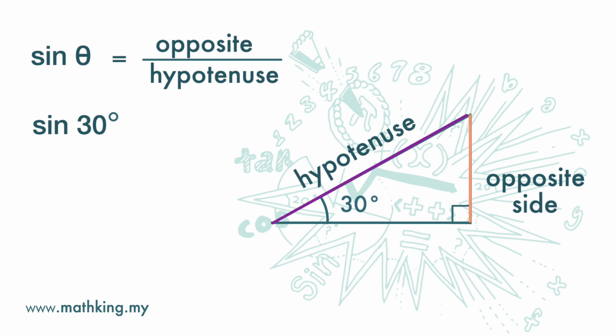If we measure the length of both sides and plug in the numbers to get the ratio, we will get 1/2 or 0.5. This value of 0.5 is fixed. For all right angle triangles with 30 degrees, the opposite over the hypotenuse is always 0.5.